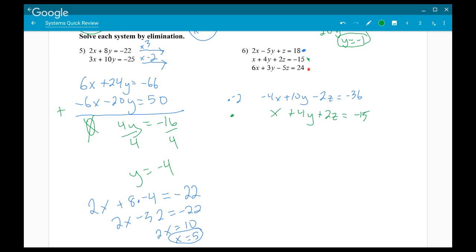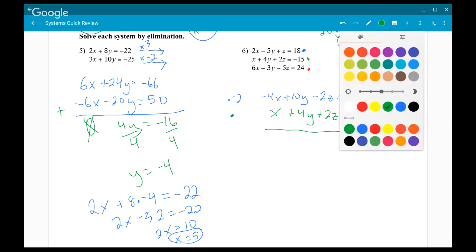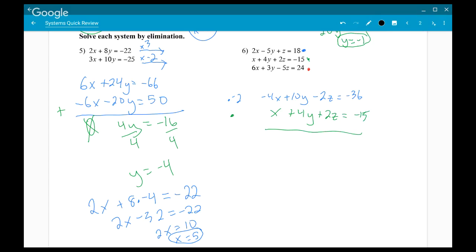Now I'm going to add those two equations together, and we're going to see what we get. I'll use a different color for when I add them together. Let's use just regular black. So we'll go -3x plus 14y equals -51. So I have created an equation that has just an x and a y.